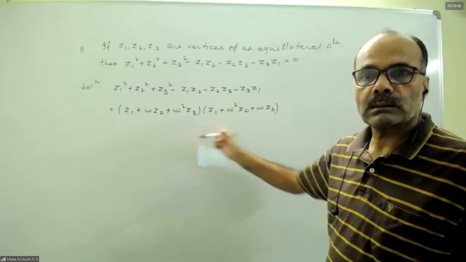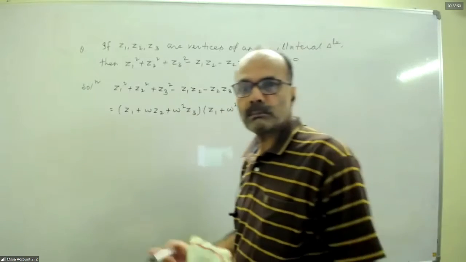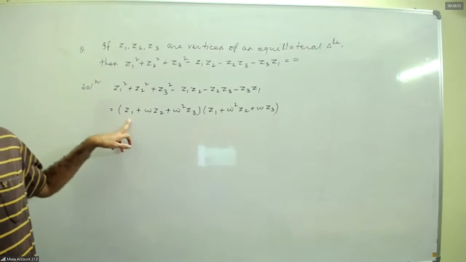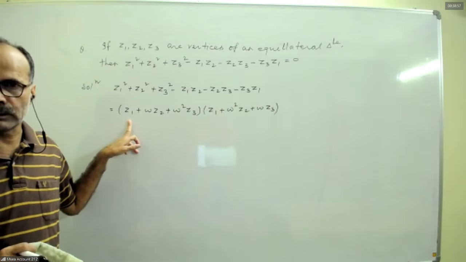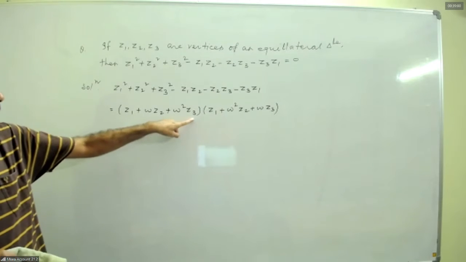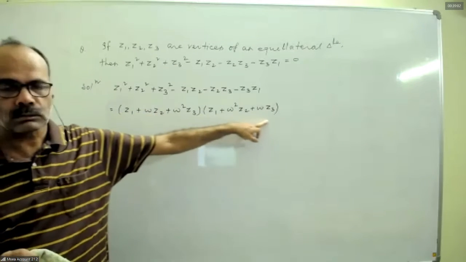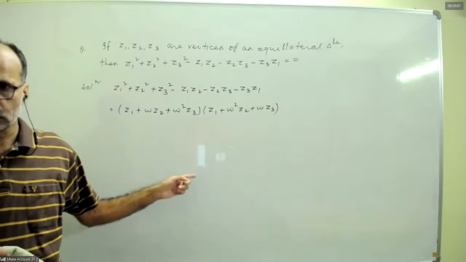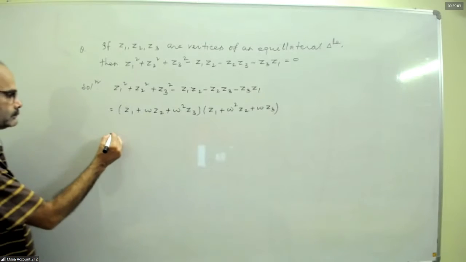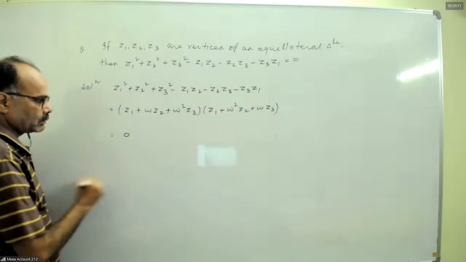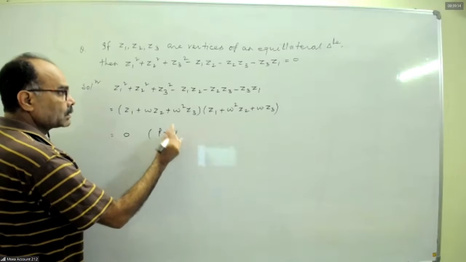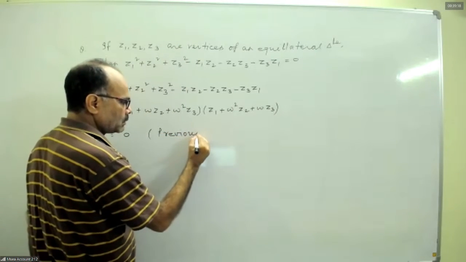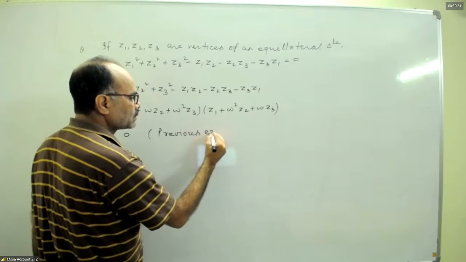You multiply it and check, you will get the same expression. And we already have proved that if Z1, Z2, Z3 are vertices of an equilateral triangle, then this expression is 0 and this is 0. Just now we have proved it in the previous example. So this is the basic question.